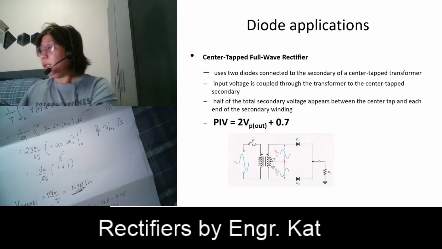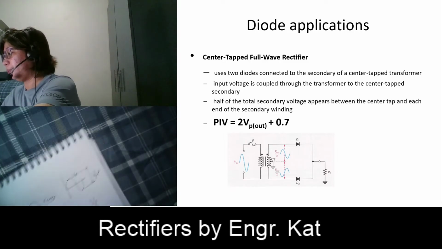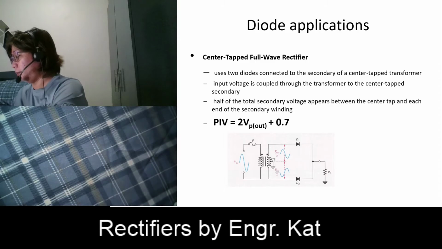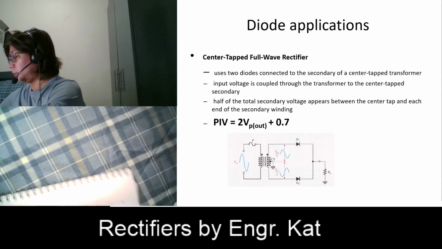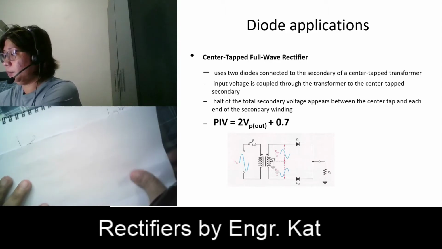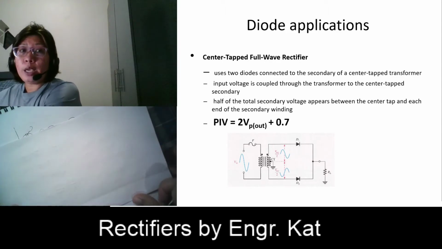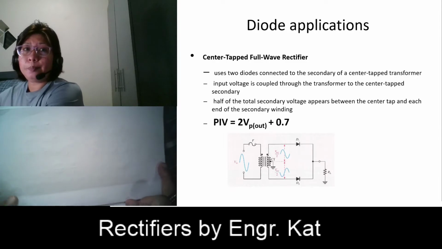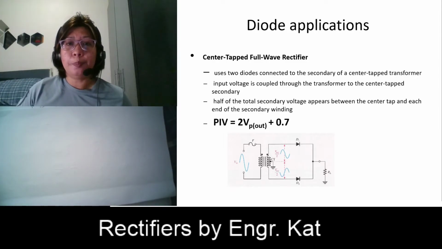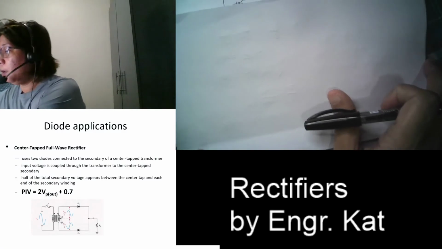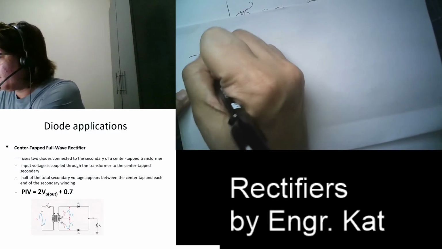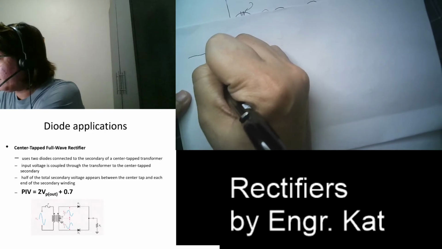Okay, so this is how your center tap operates. So we have here your input, and then we have here your transformer.